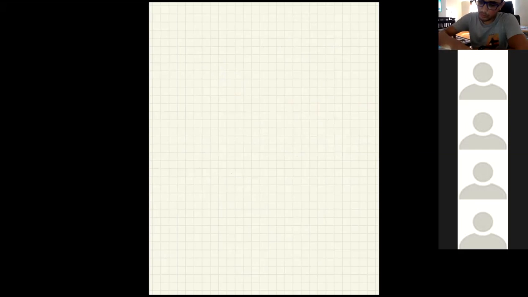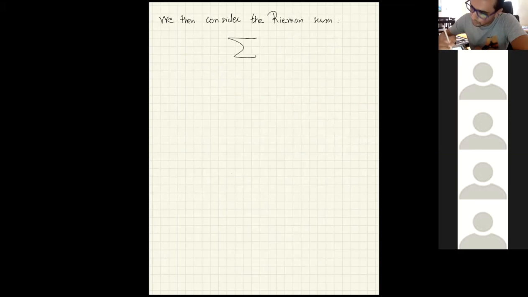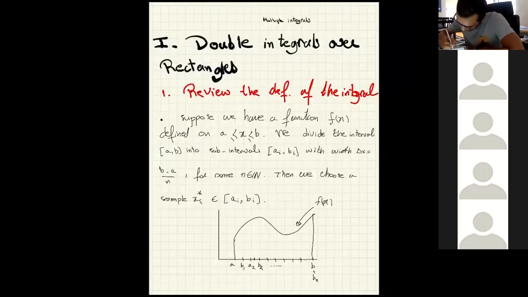And then what we do is we consider the sum, the Riemann sum, from 1 to n. Here, each interval, we choose a point which belongs to these intervals.